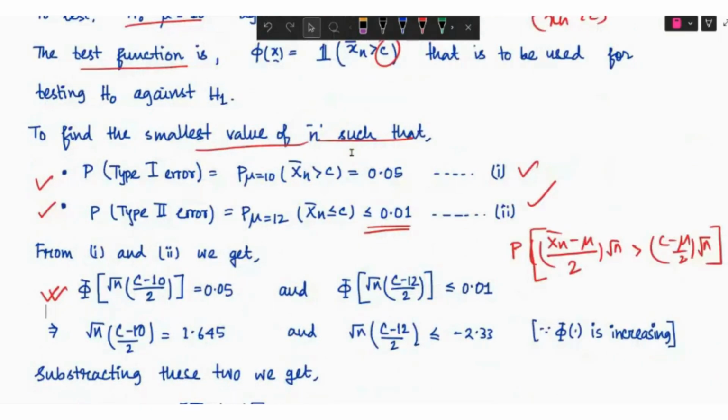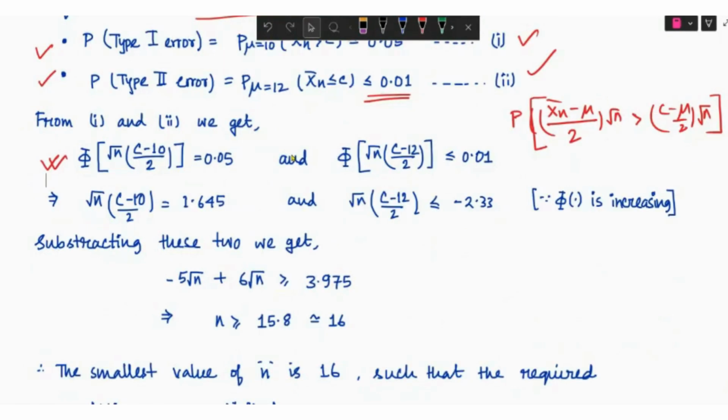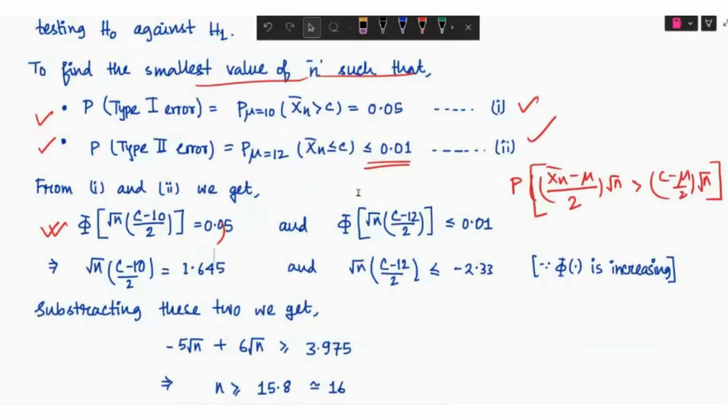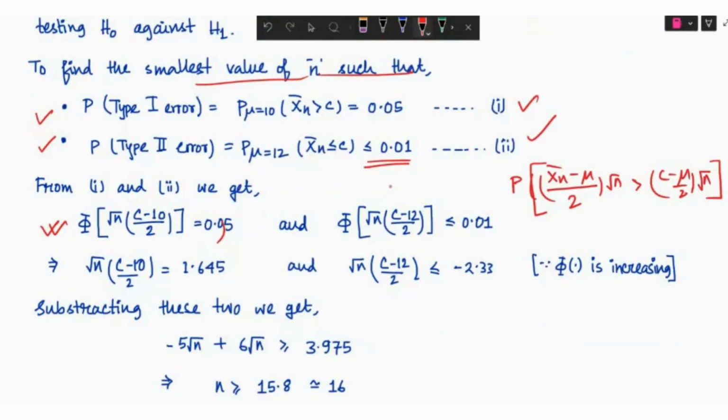So this will become the probability of Xn less than or equal to c, which will become 0.95. So from the second condition also we do similar calculations: phi of (c minus 12) by 2 into root n is less than or equal to 0.01.